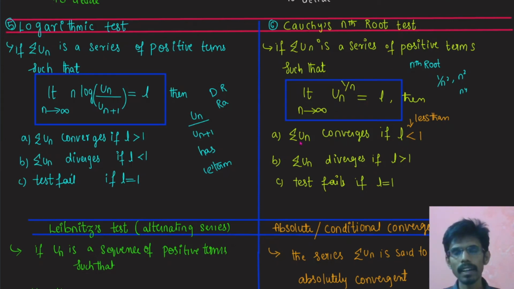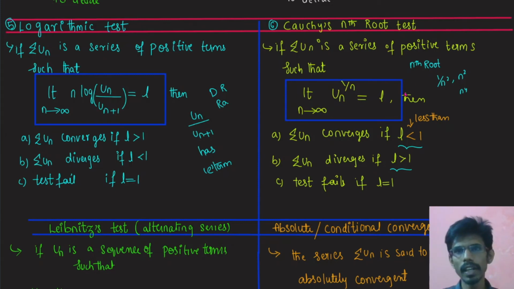Now sigma un converges if L is less than 1. Here, till the log test we have seen L greater than 1 we say convergence, but this is the special case. Here, for L less than 1 we say converges, L greater than 1 we say diverges. This is opposite to all the tests that we have studied now. The test will fail to say anything if L is 1.